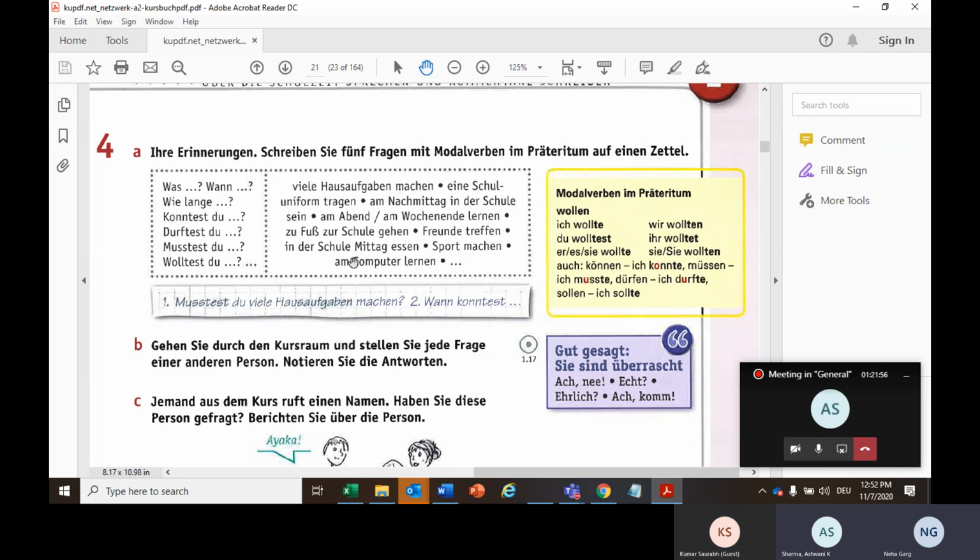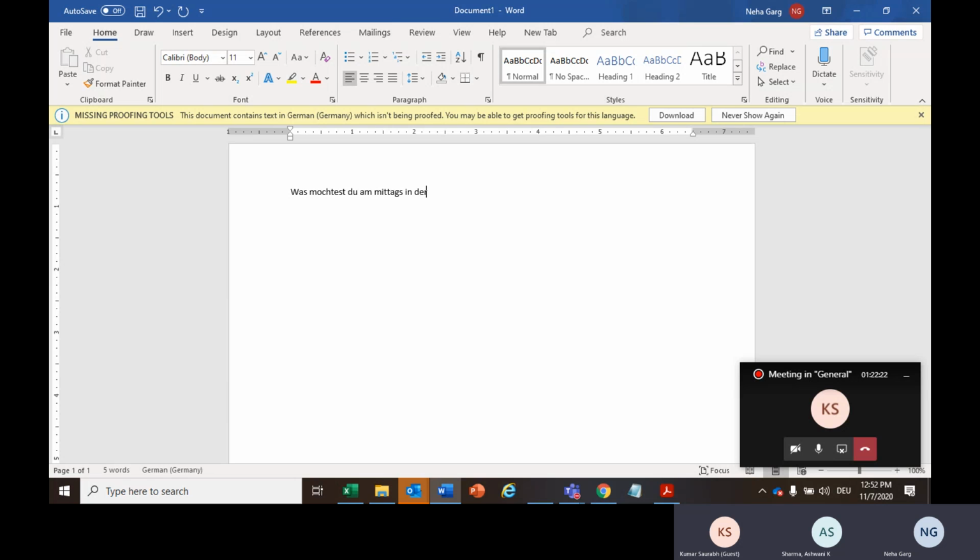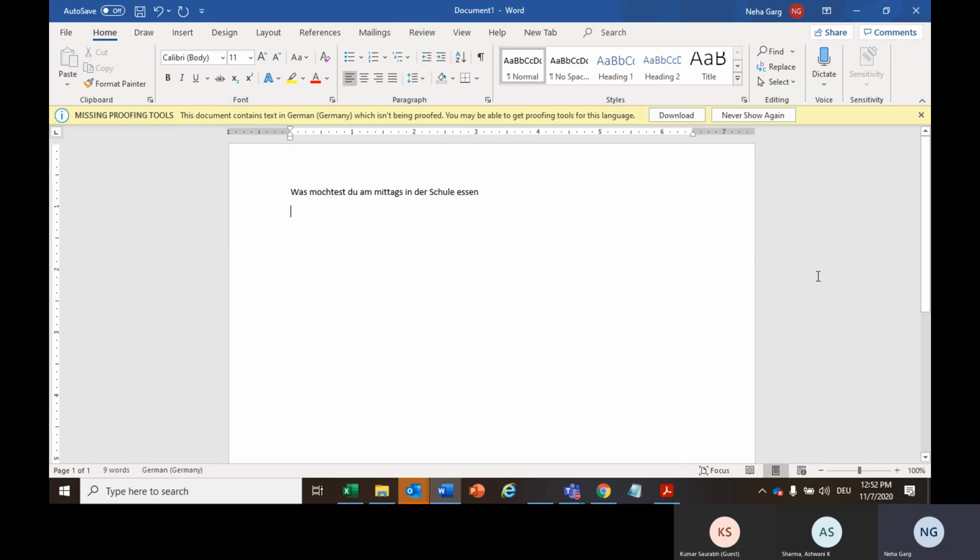Okay, so now let's correct the questions first. In der Schule Mittagessen. What you wanted to eat at midtime: am Mittag in der Schule essen.